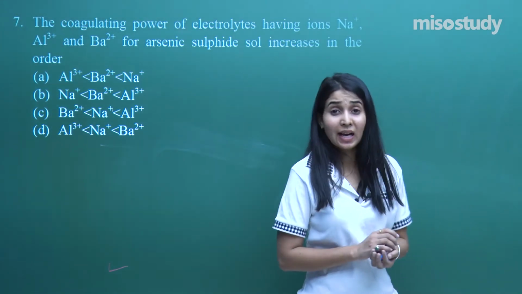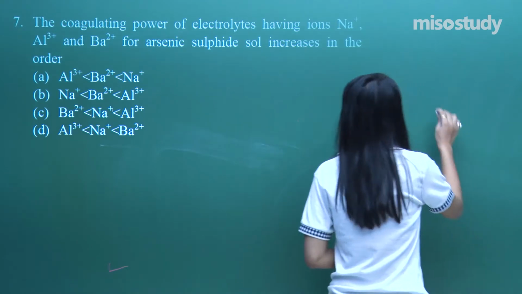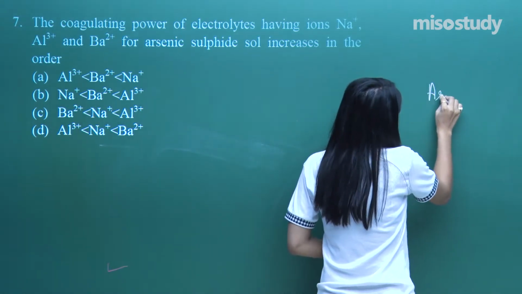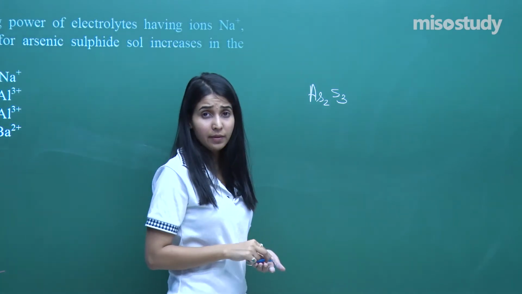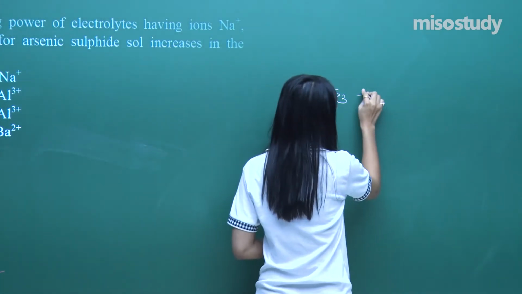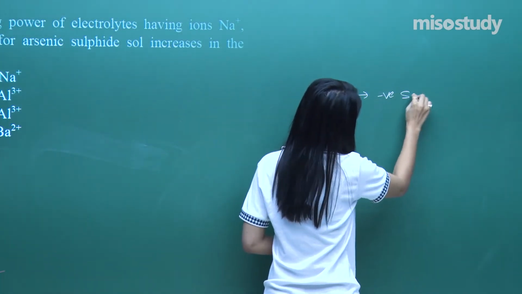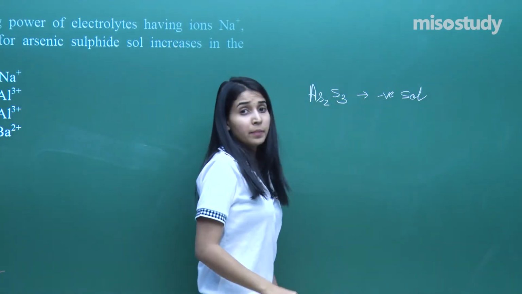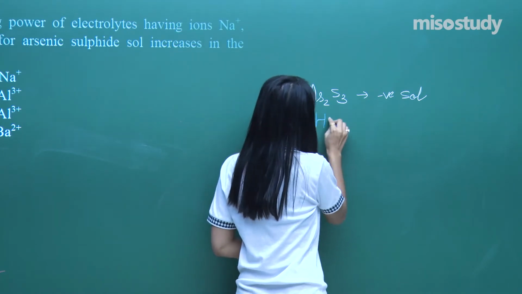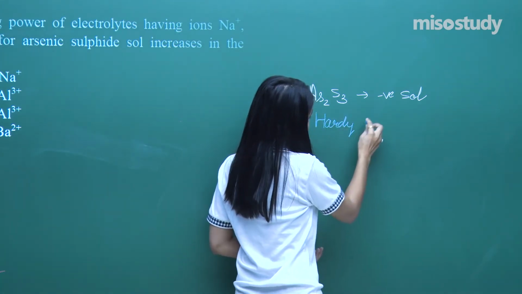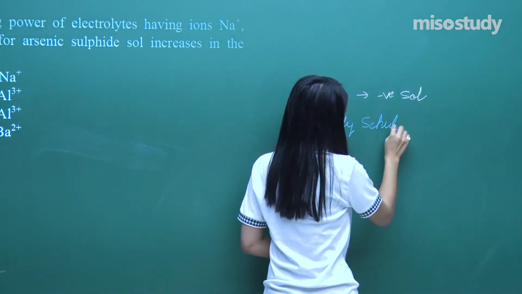Now they say that I have my arsenic Sol. This is my arsenic sulfide. Now this is a negative Sol, right? And now what do I have to apply? I know about my Hardy-Schulze rule.